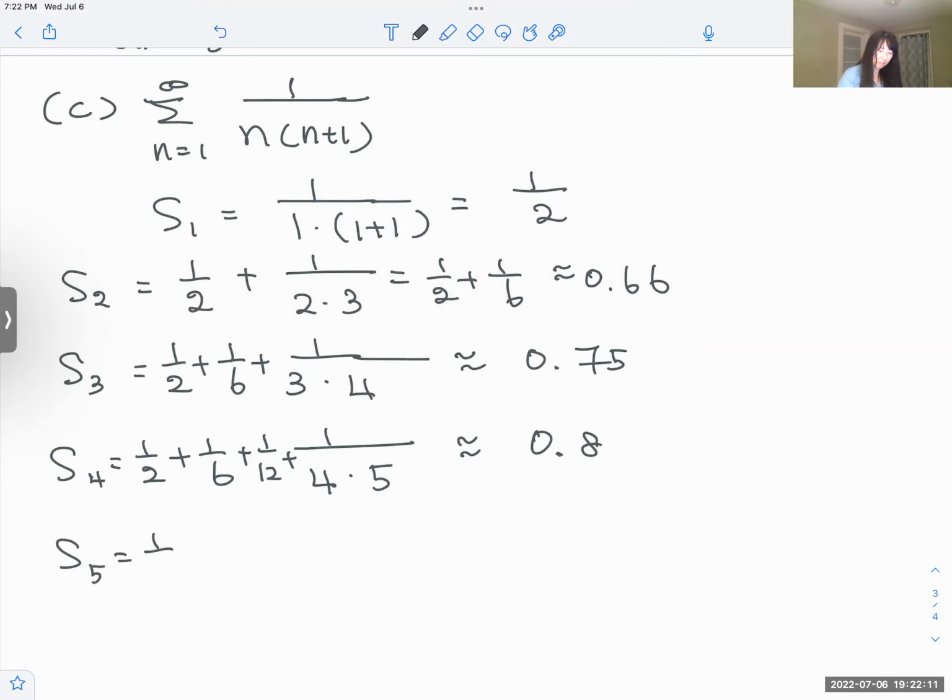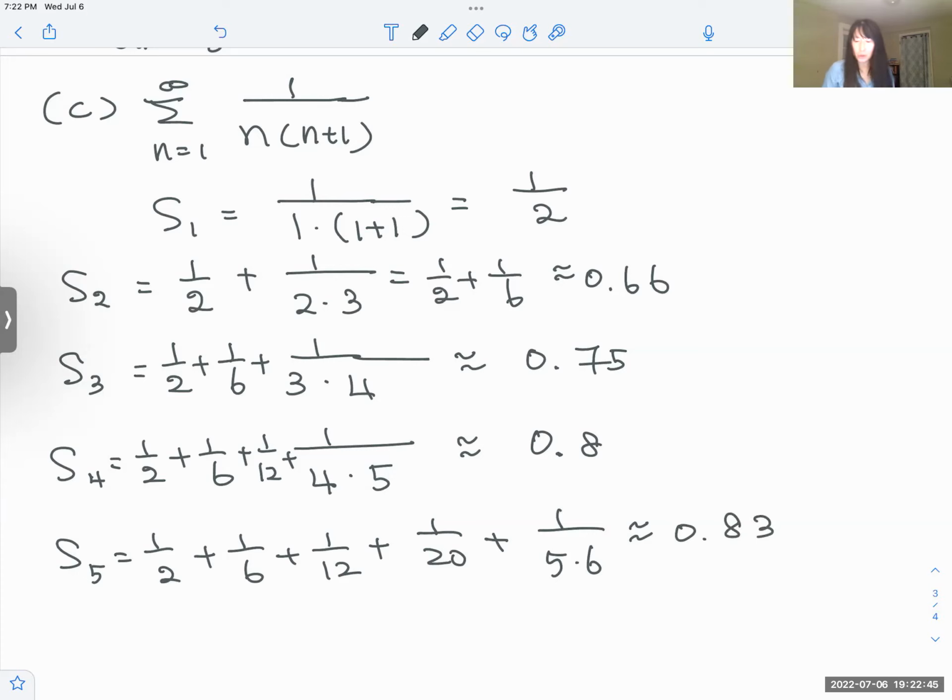Is it going up by smaller increments every time? Yeah, but it will never go more than 1. That's correct. So we have S6, right? Can you please calculate 0.8 plus 1 over 30? 0.83. Okay, so this one converges to 1.